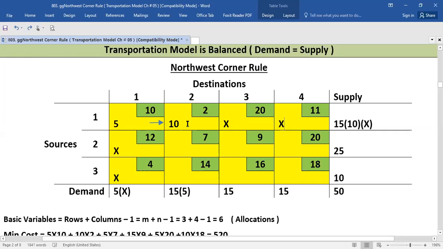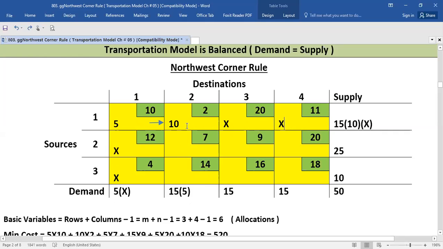Now how many allocations we have to make? We have to make 6 allocations. Now where we will move? We cannot move to this right. We cannot move to left, as these two cells are filled, one is filled with 5 and the other is filled with cross sign.